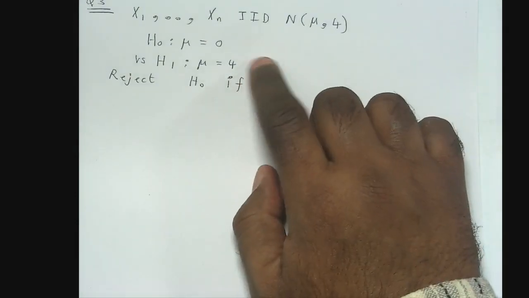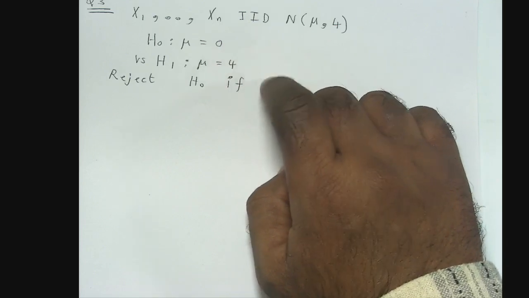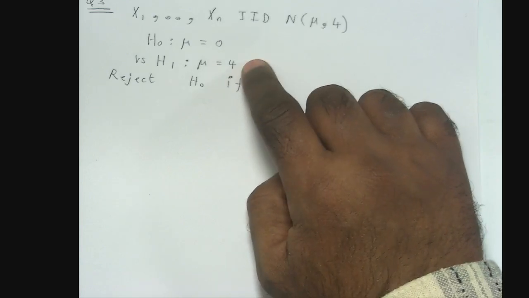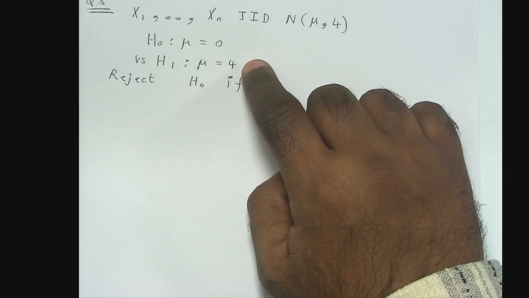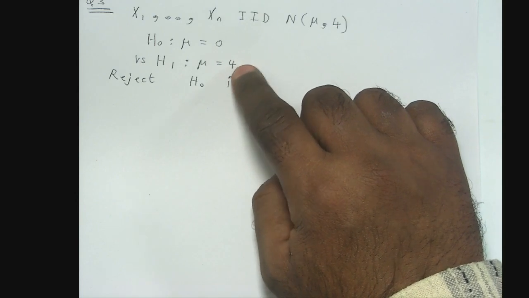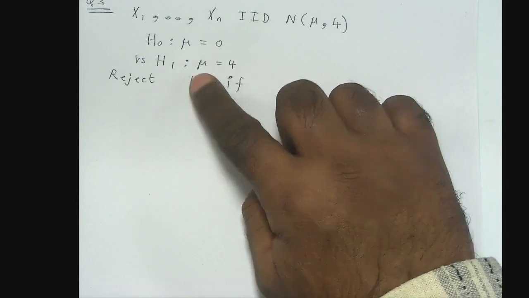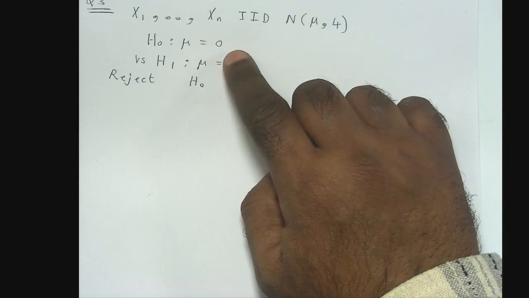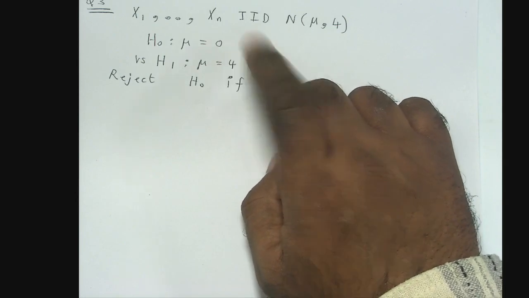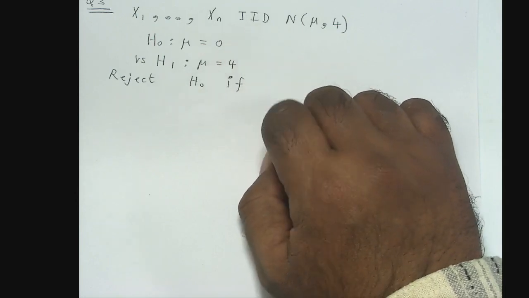Because you are testing for mu equal to 0 versus mu equal to 4, this corresponds to the second category on page 20 of the lecture notes, right? Because under the alternative hypothesis, the value for mu is greater than the value for mu under the null hypothesis. 4 is greater than 0, right?